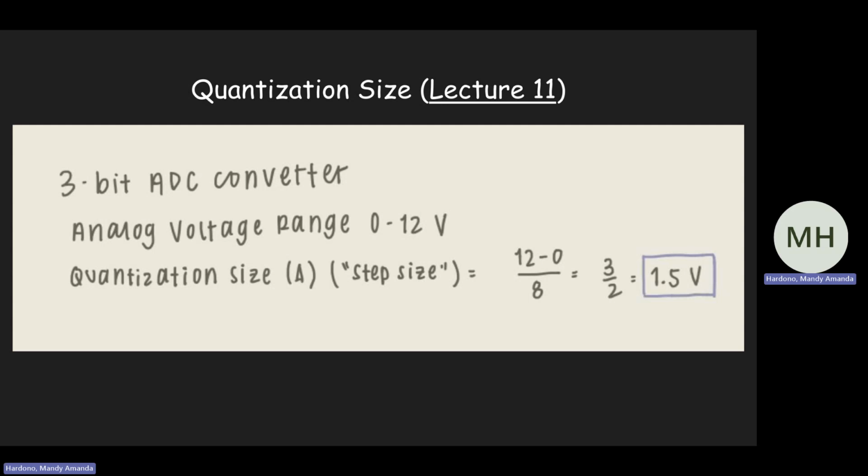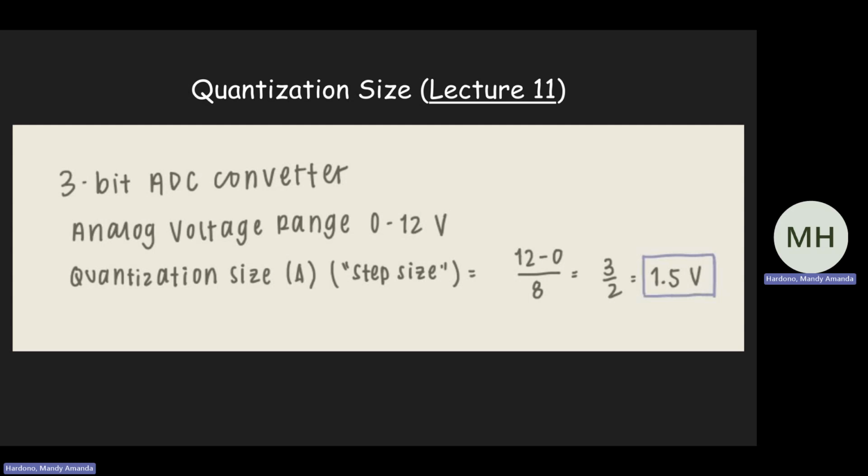For the analog voltage, your original range is from 0 to 12 volts. We're keeping it that way, but we're having the quantization determine the size between each step, each level.